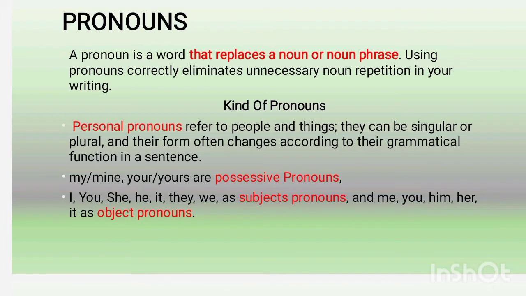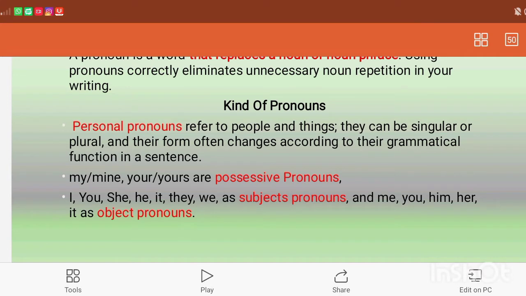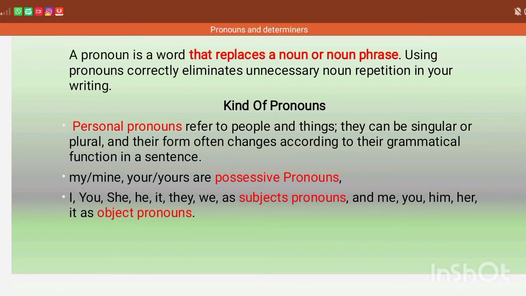And the next is possessive pronouns. They are my, mine, your, yours, and so on. And the next are I, you, she, he, it, they, we as subject pronouns, and me, you, him, her, it as object pronouns.